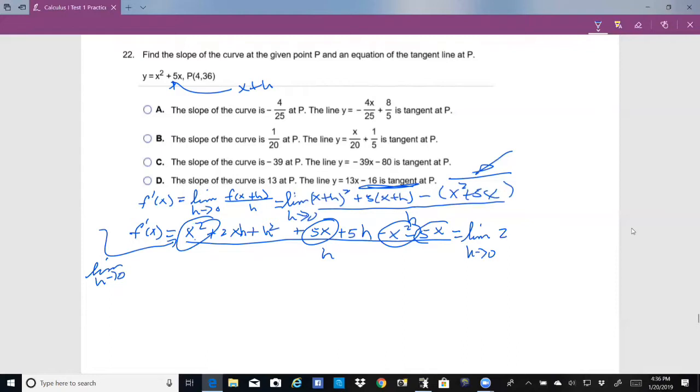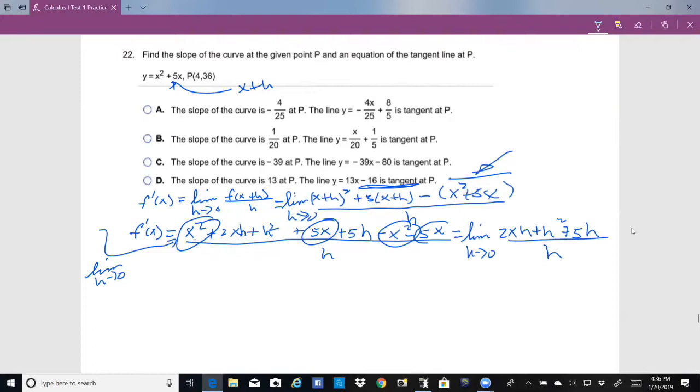So we get the limit of 2xh plus h squared plus 5h, all divided by h.